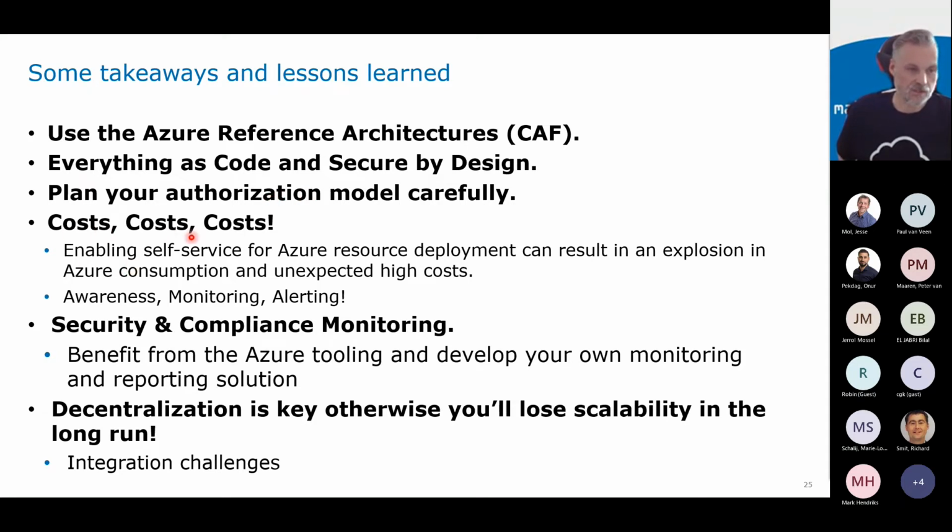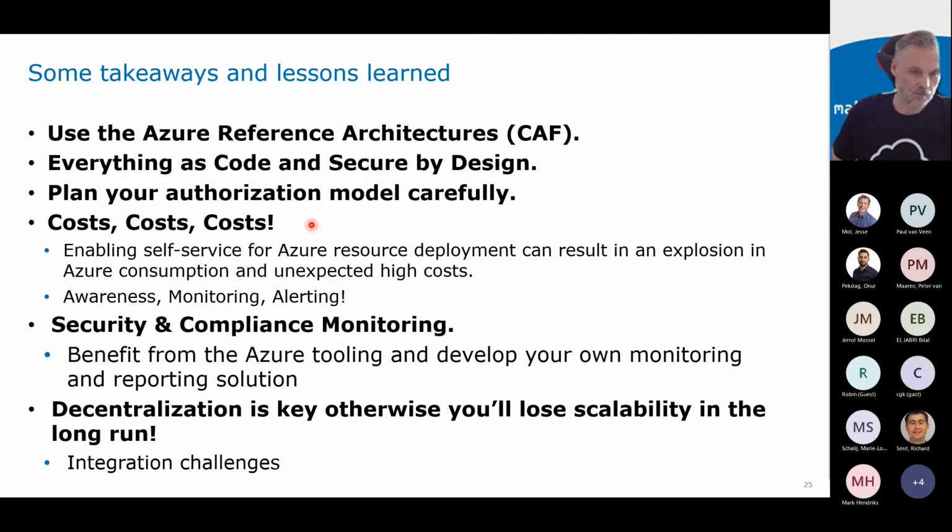Costs are very important, especially with new components like Purview or Synapse or Data Factory, where you move a lot of data. Costs can be substantial. For example, with a very big Spark cluster in Synapse, you can easily create a cost bill of 10,000 euros in a couple of days.